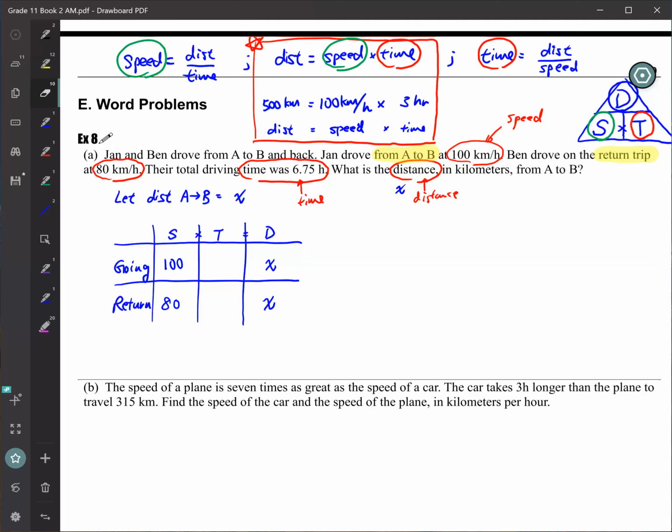So which way do you think it spends more time? Anybody? Which way needs more time traveling? Return, right? Return should take longer because it's slower. Okay, so they are not the same. So I cannot just split the 6.75 in half and put it in. Okay, so right now, the middle part, I'd like you to circle that. This is the last column.